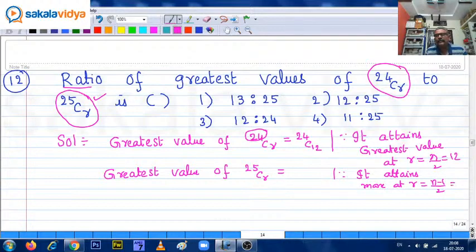That is also 12. So this value is 25C12. Now the ratio between these two we need to find out.